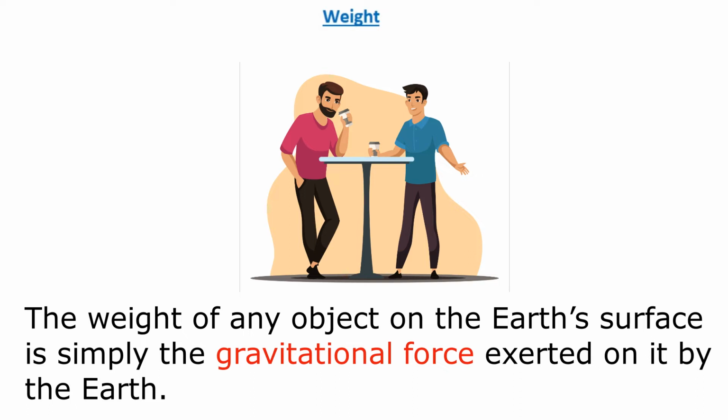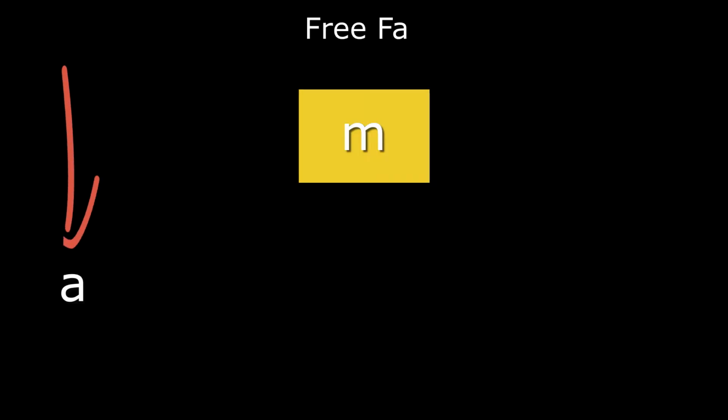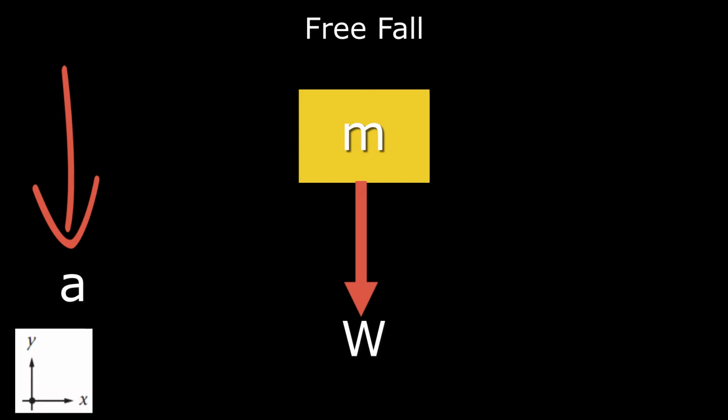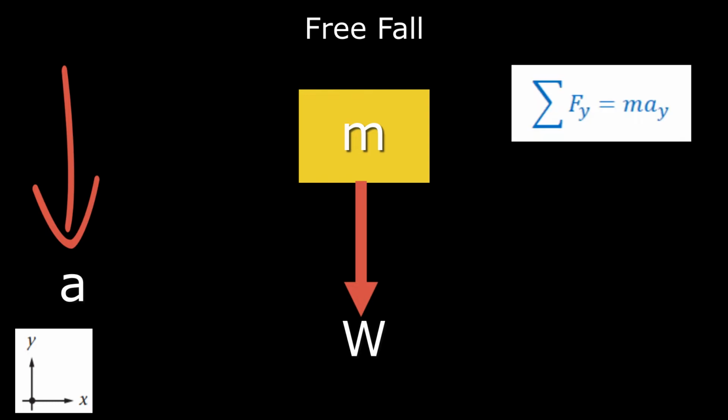Now let us discuss the relationship between mass and weight. Suppose an object having mass m is in free fall. The only force acting on it is the gravity force, its weight. Let's apply Newton's second law of motion in the vertical direction, taking upward to be positive. So we can write sigma Fy is m times ay.